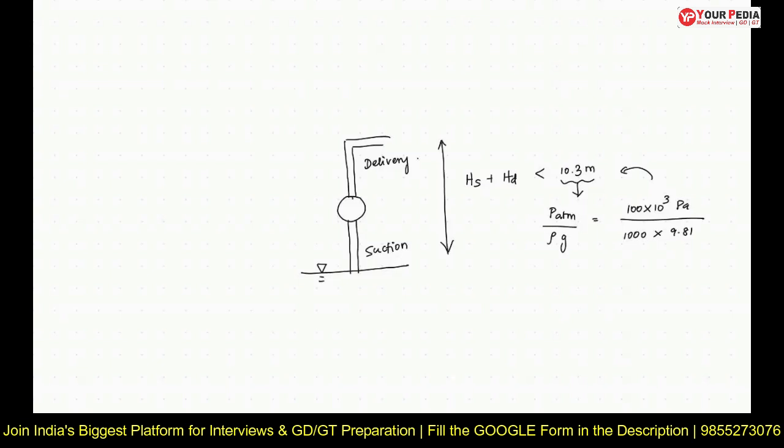Okay, what is NPSH? NPSH is the net positive suction head, which is given by the head due to the atmospheric pressure, plus static, minus dynamic, minus frictional losses in suction.